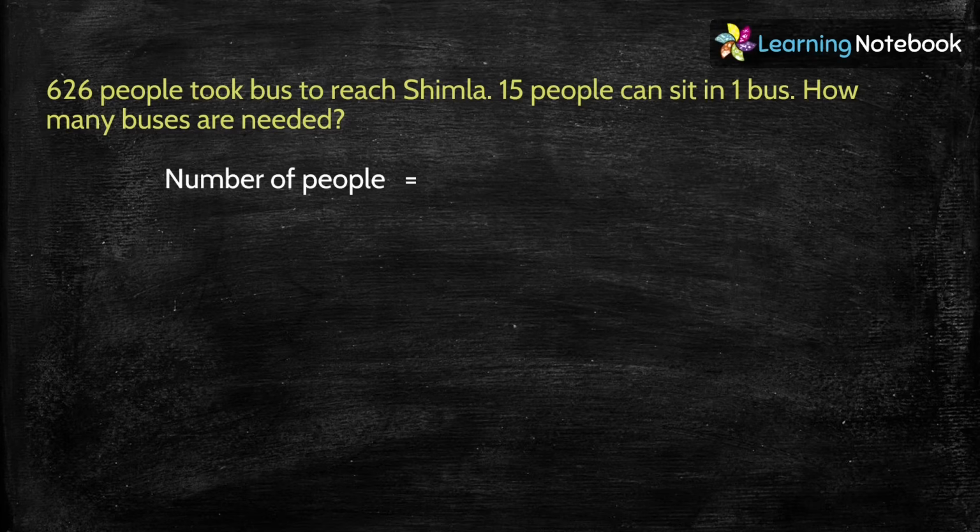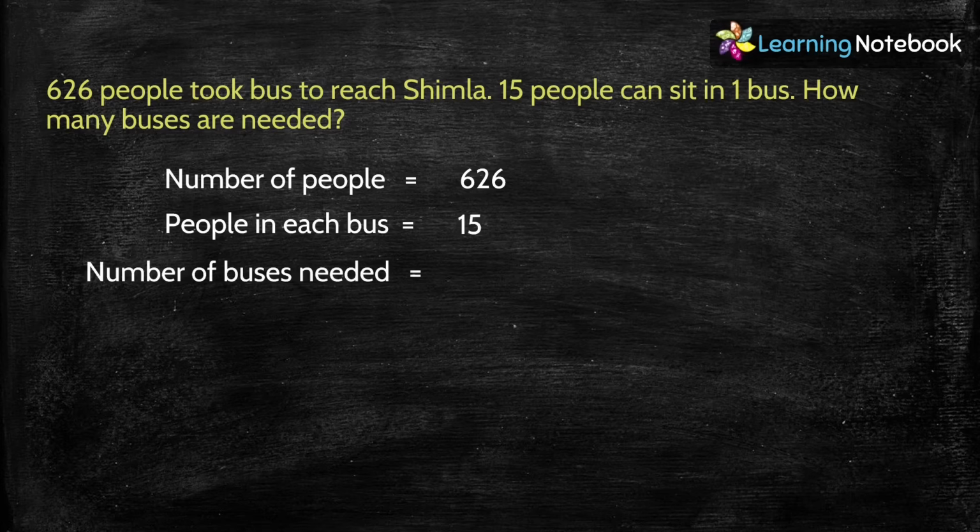Number of people equals 626. People in each bus equals 15. So to find the number of buses needed for 626 people, we will divide 626 by 15.